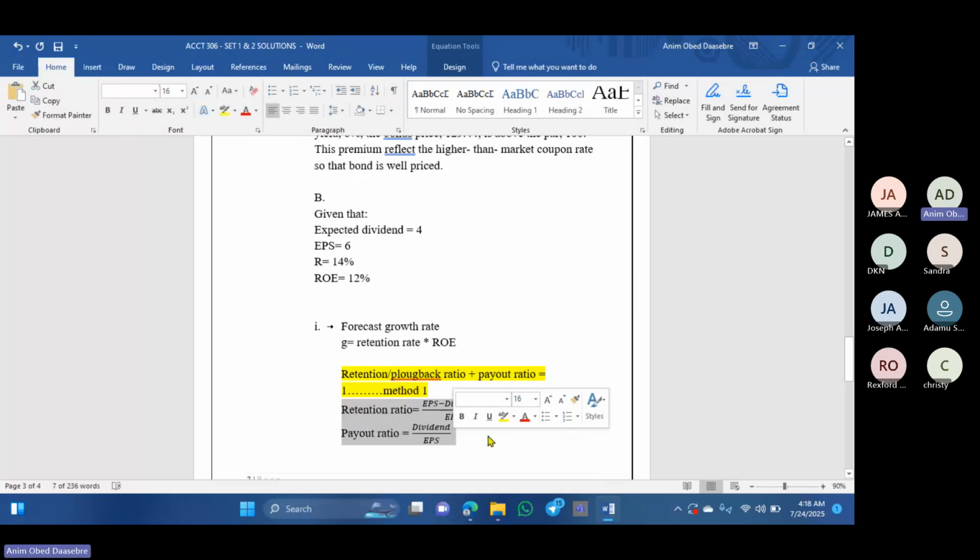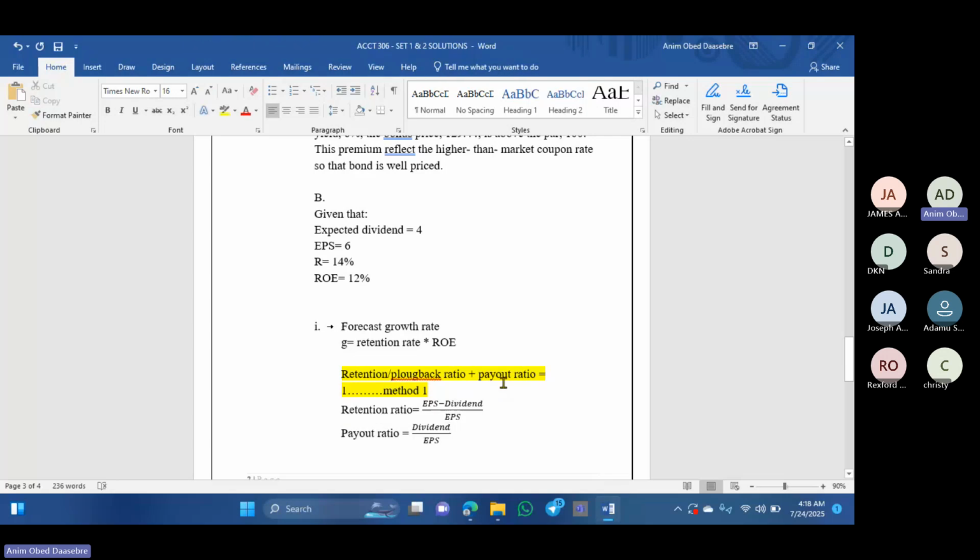If you realize, the first approach was not given to us because we don't have the payout ratio. But we can still use the first one. If you use the first approach to find the retention rate, you need to first find your payout ratio.